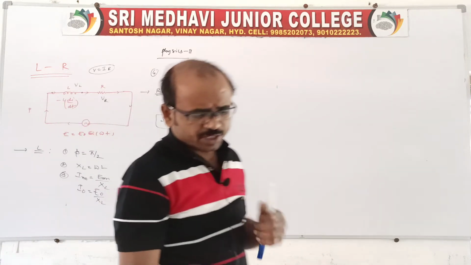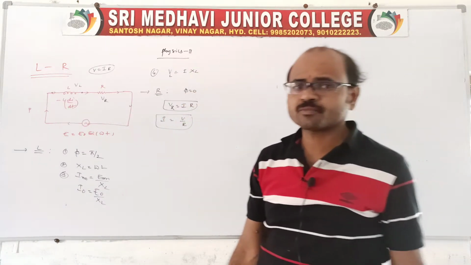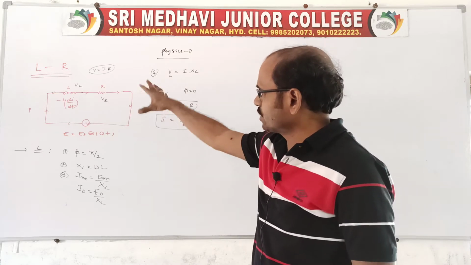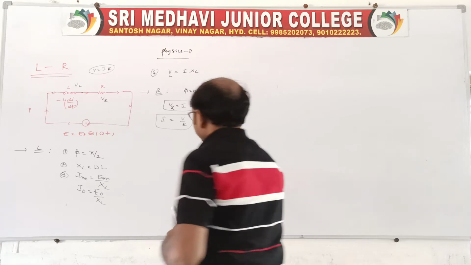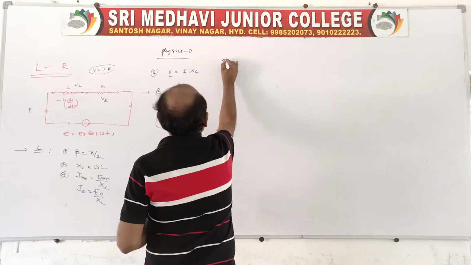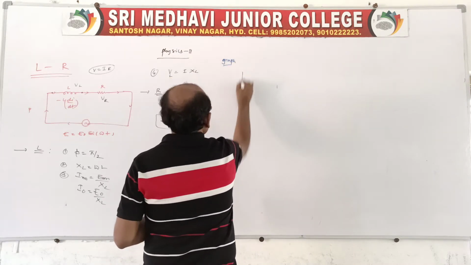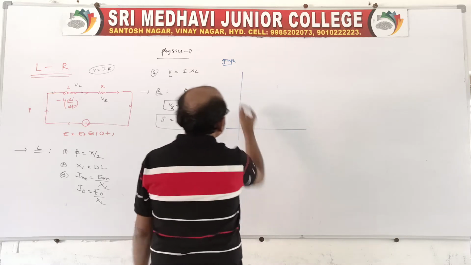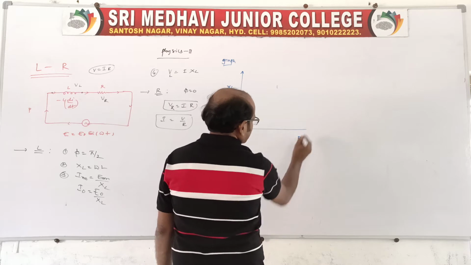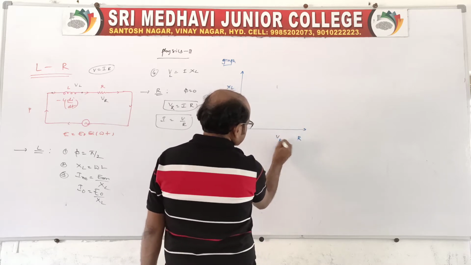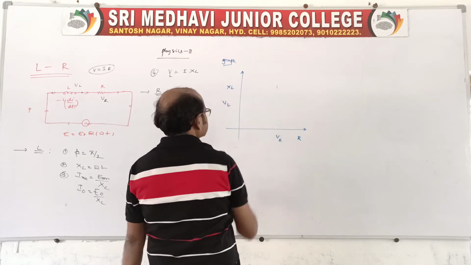Now we need to draw the graph first. By using this circuit we draw a graph, and then we should get the resultant also. Take XL on this axis and resistance on this axis, so that through this there is a potential difference VR, and through this VL is represented.